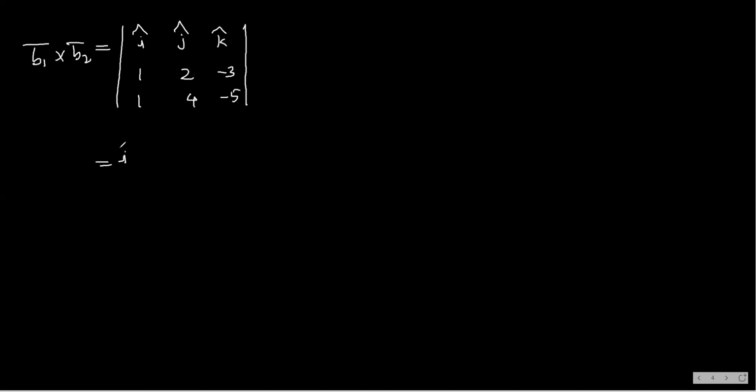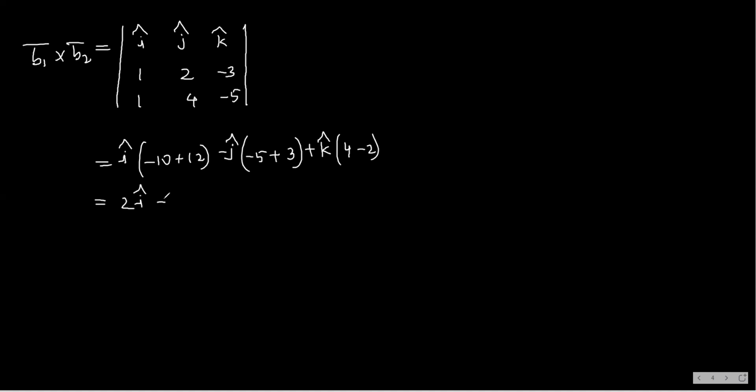So here I have i cap, and so you get negative 10, negative 10 minus of minus 12, positive 12, minus j cap, and here you have negative 5 plus 3, 1 into minus 5 minus 1 into minus 3, plus k cap, and here you have 4 minus 2. So you got here 2 i cap plus 2 j cap plus 2 k cap. This is B1 bar cross B2 bar.